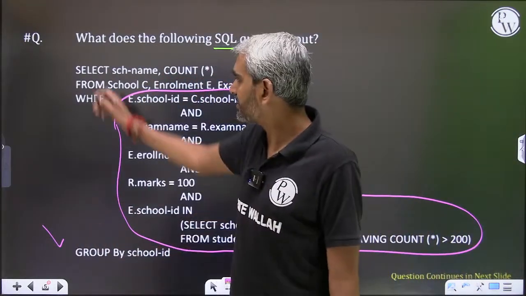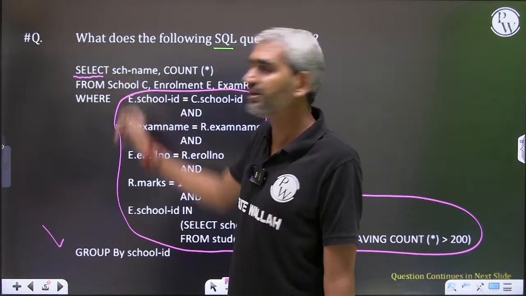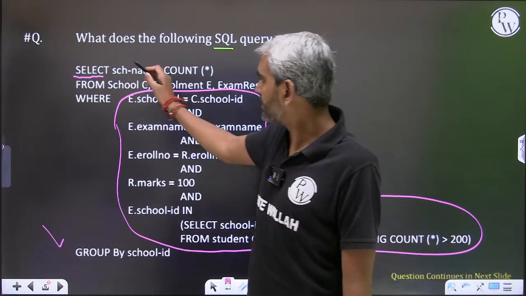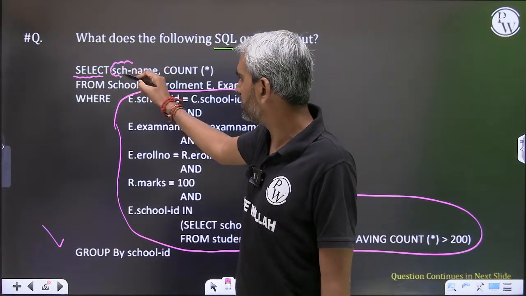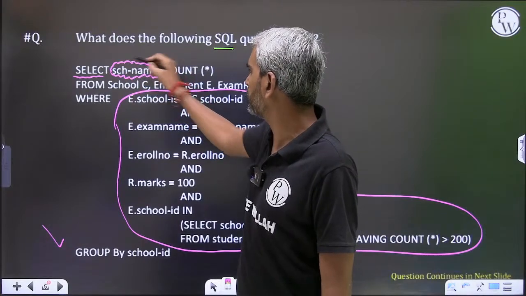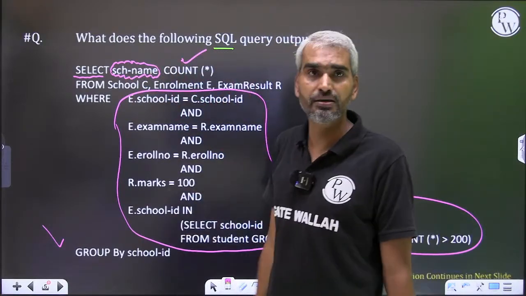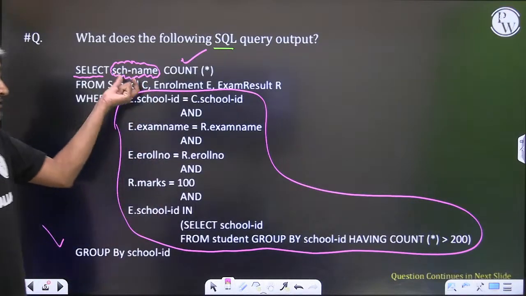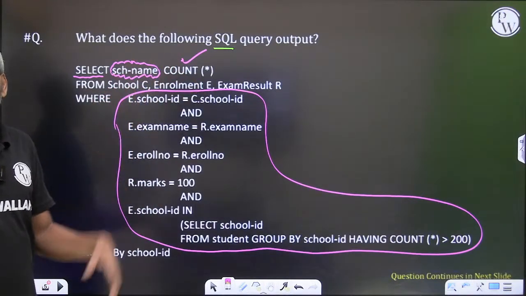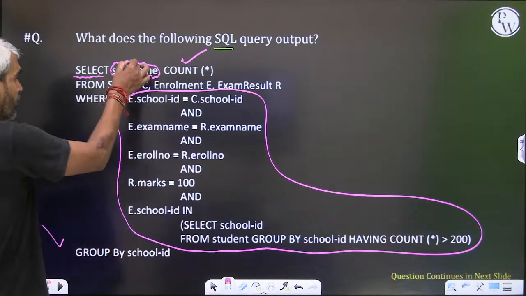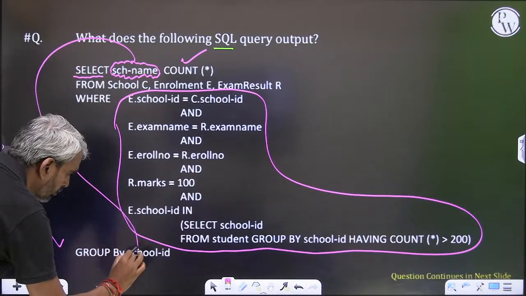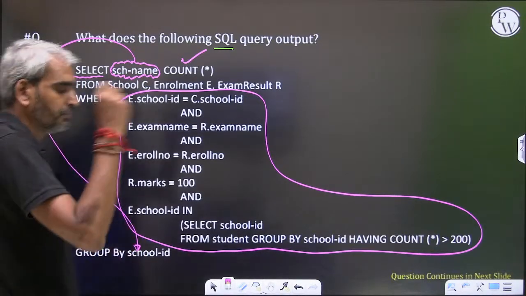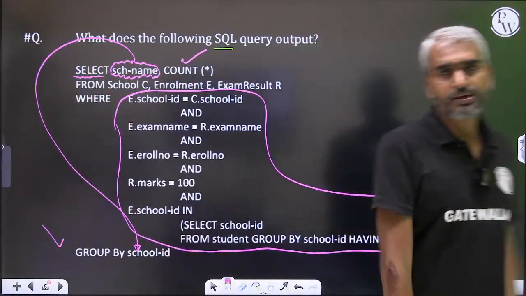In the select command, if you select any attribute along with an aggregate function in the select clause, then that attribute must be present in the group by clause.